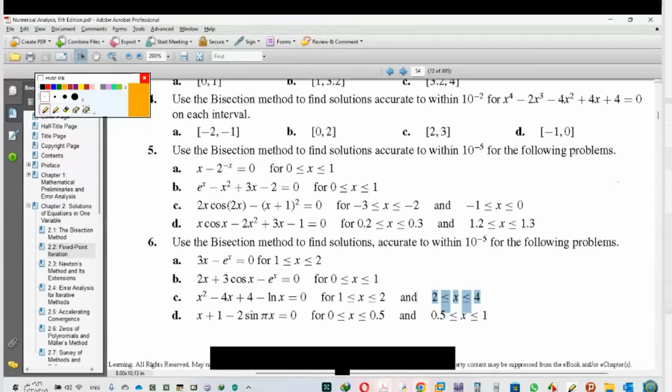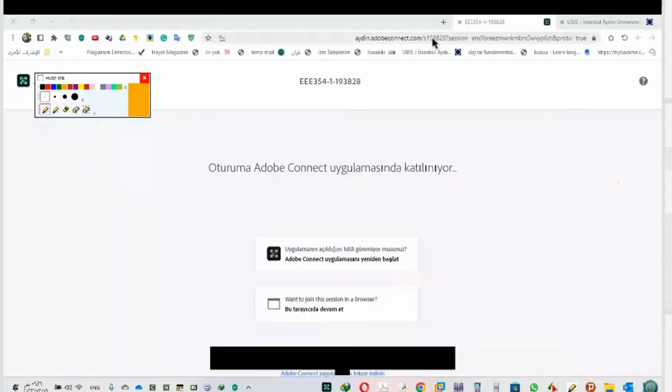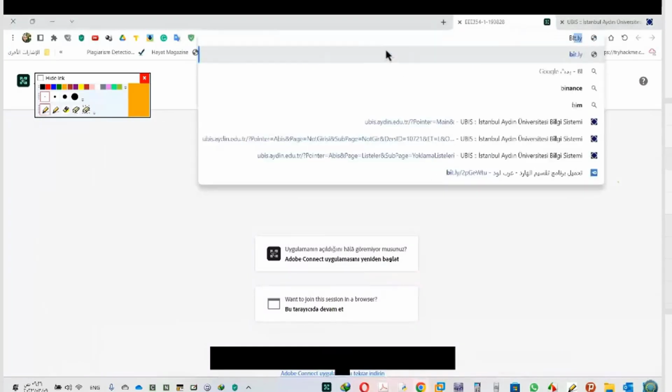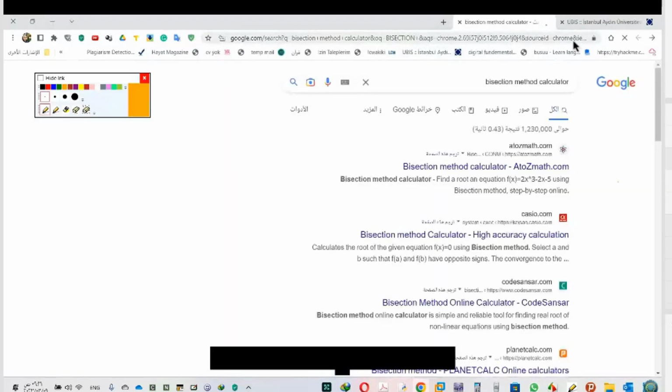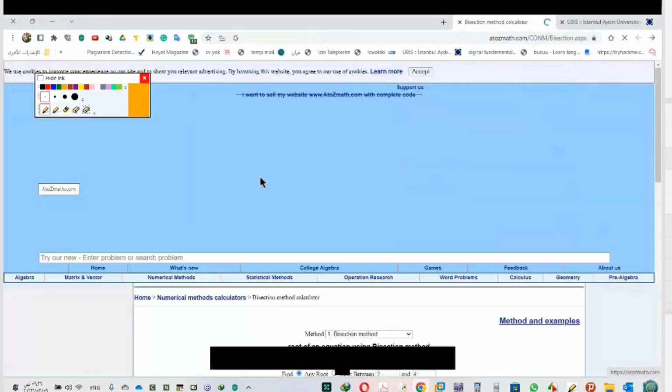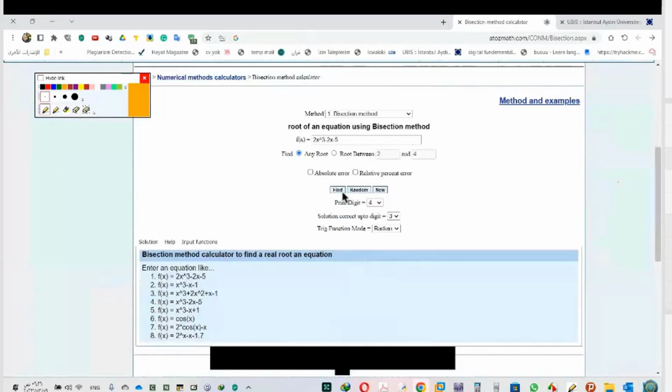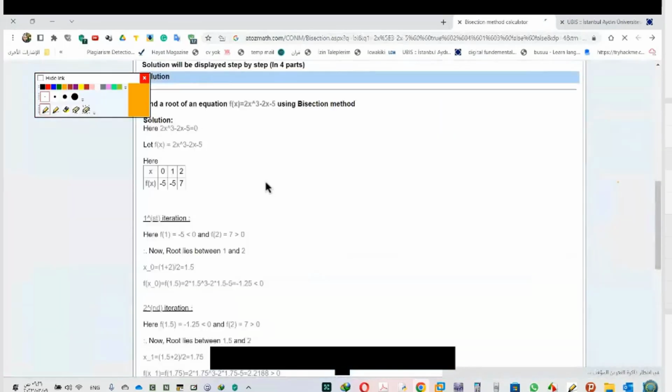By the way, there is a website for you. What is this? Okay, close this. Here you can find a bisection calculator. You can, for example, use it to solve your answer if you want.